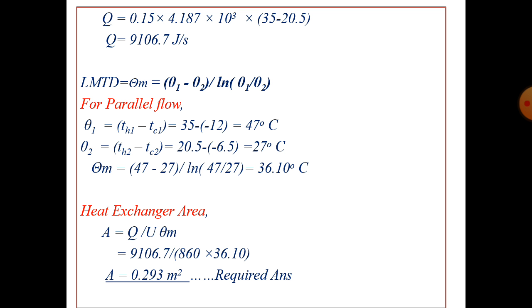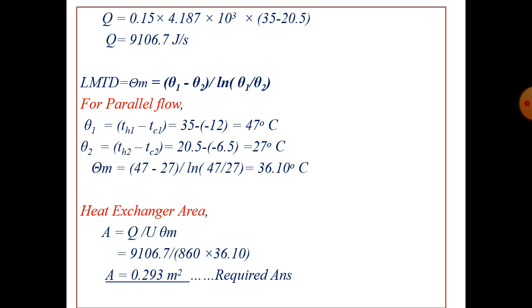Theta 1 is equal to Th1 minus Tc1, which is 35 minus bracket minus 12, equal to 47 degrees Celsius. Theta 2 is equal to Th2 minus Tc2, which is 20.5 minus bracket minus 6.5. After simplifying, we get 27 degrees Celsius. So theta 1 we have got as 47 degrees Celsius and theta 2 as 27 degrees Celsius.